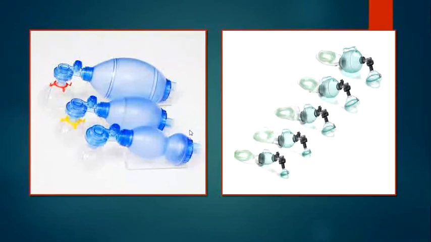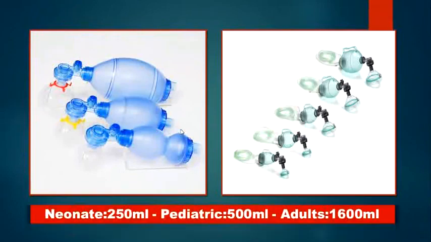The ambu bag changes in its color, but it is the same regarding the valve system and the volume of the bag. So we have the neonatal ambu bag with a volume of 250 ml, the pediatric, which is about 500 ml, and the adult, which is about 1,600 ml. All these are found in this slide, starting from the neonatal size reaching to the adult size.